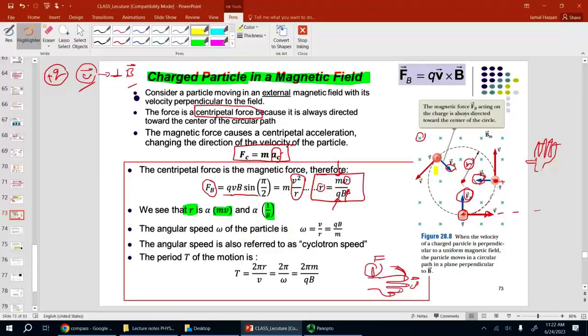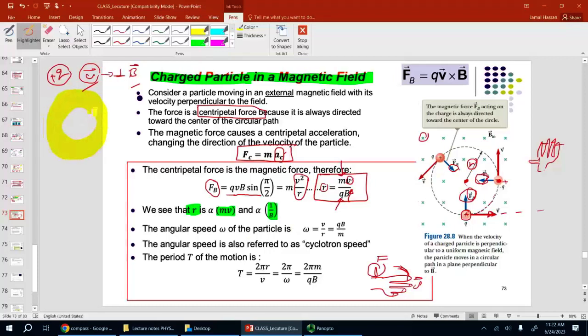Well, in physics 1, whenever you have things going around a circle, it's always a good idea to talk about angular speed. Again, angular speed is equal to v divided by r.